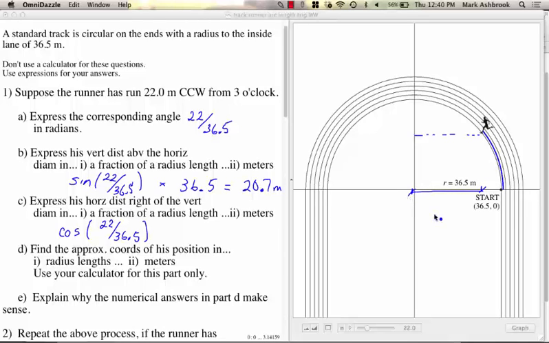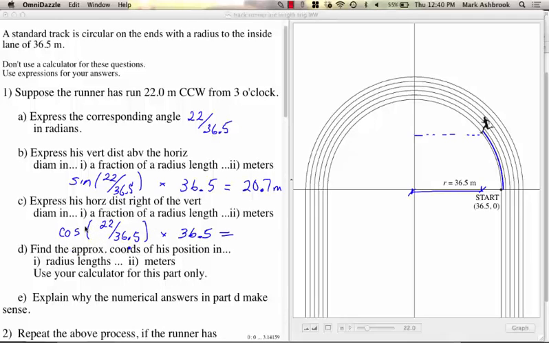Yeah, we want that fraction. If we want meters now, we take that fraction, cosine of 22 over 36.5, of the whole radius, 36.5. Should make sense. Again, usually we put the 36.5 in front, but I kind of like it this way because then we think of taking this fraction.